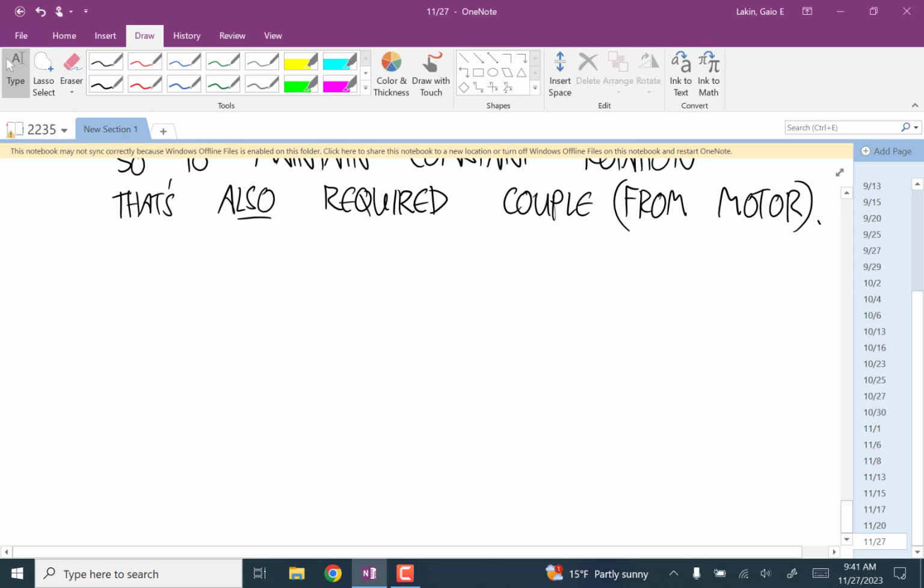Okay. So now the one with more steps is thrust bearings.